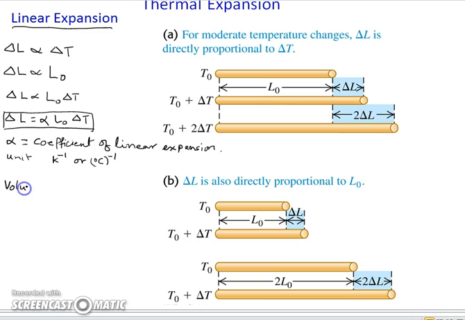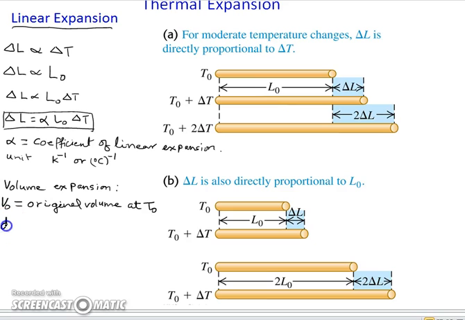So let's say V naught is my original volume of the object at the original or initial temperature T naught, right? And as you change the temperature from T naught to T naught plus delta T, the volume changes.